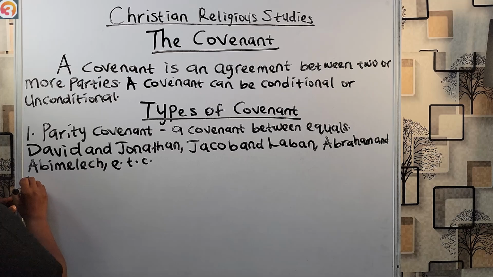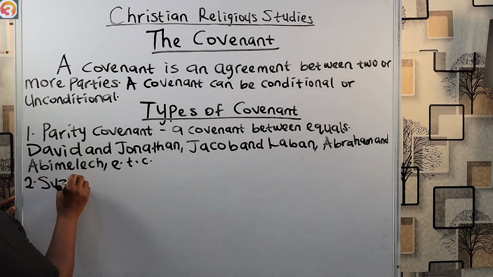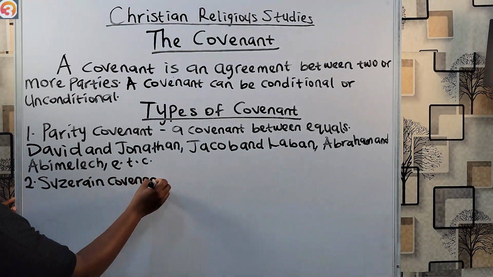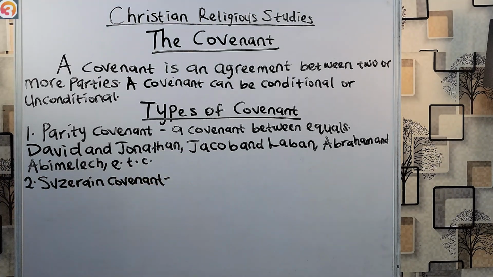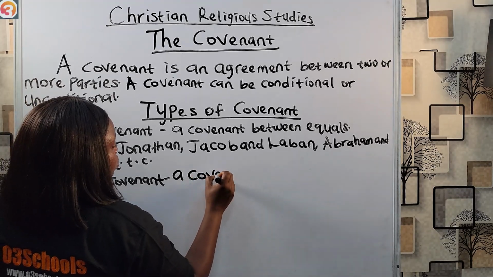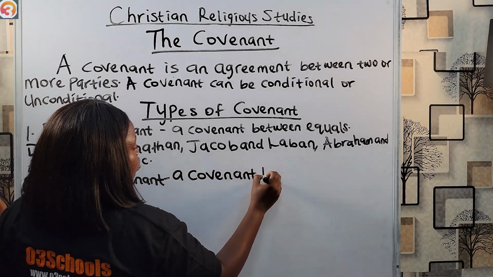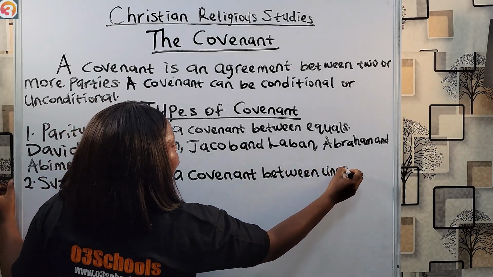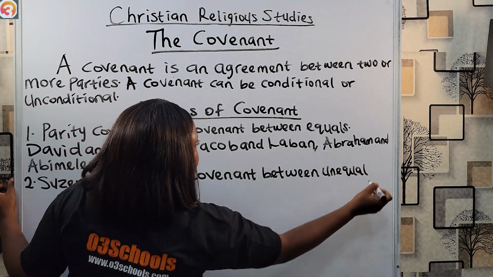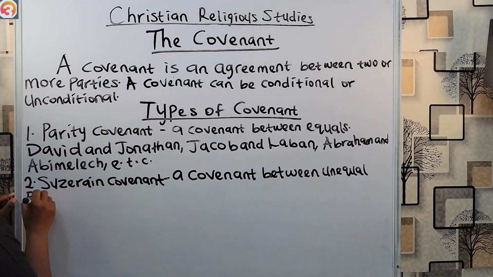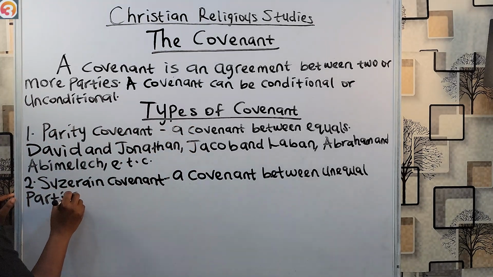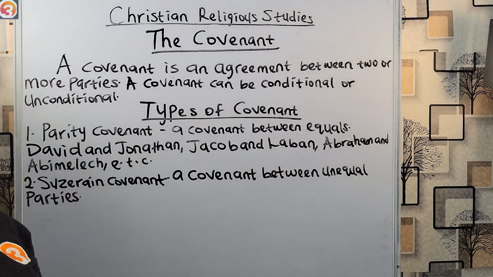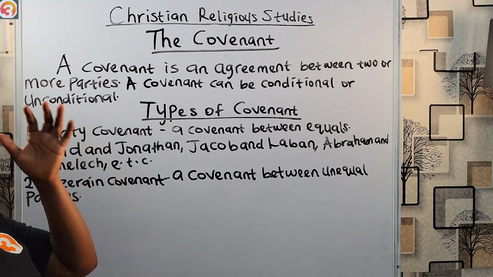And then we also have the suzerain covenant, which is like the opposite. A suzerain covenant is a covenant between unequal parties. This is where our focus is mainly going to be.